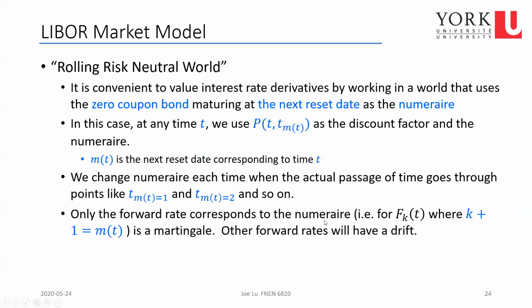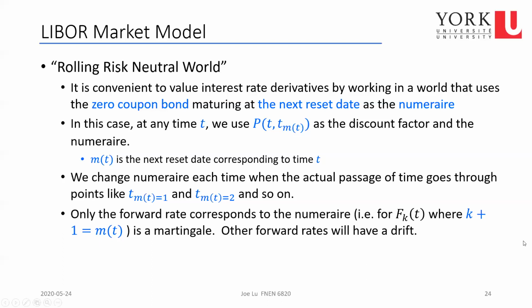But if the actual passage of time moves across the first reset point, then k2, because that point we still call k2, will become the point where we have a zero drift, a martingale process, because now we have used a different numeraire asset, so the evolution will be different.